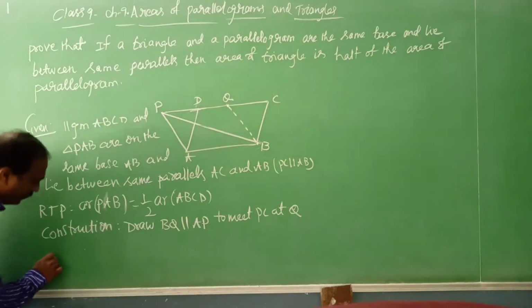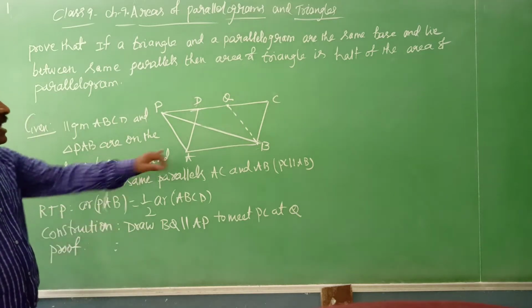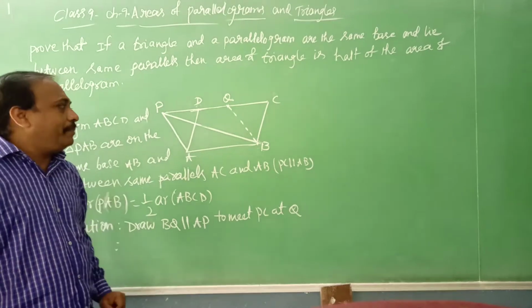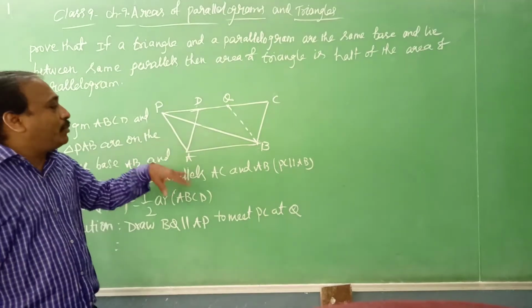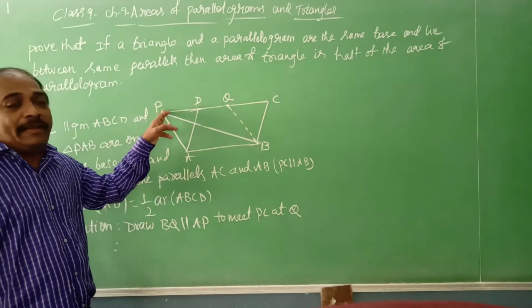Now the proof. Observe it. ABCD is a parallelogram and we have constructed one more parallelogram, since BQ is parallel to PA.